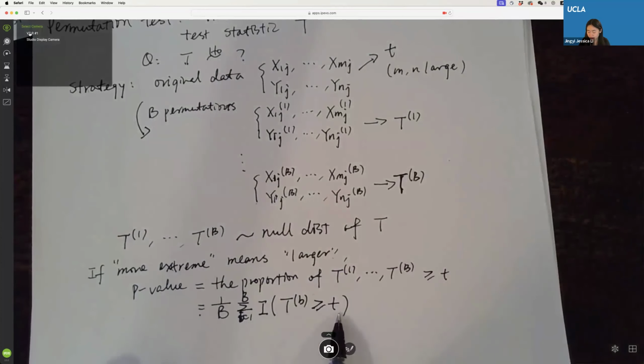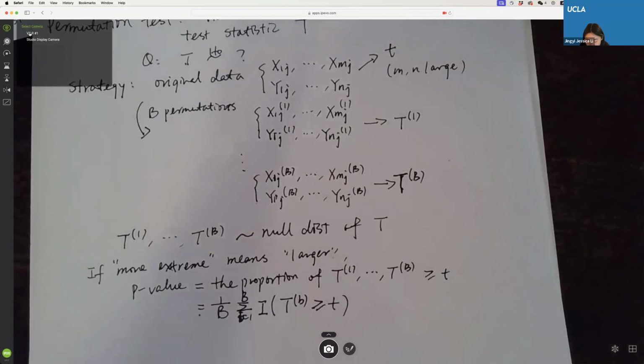As long as this is satisfied, I count 1, otherwise I count 0. And this total is the number of null values greater or equal than t, and I divide the number by capital B as the proportion. Okay, this is the permutation test.